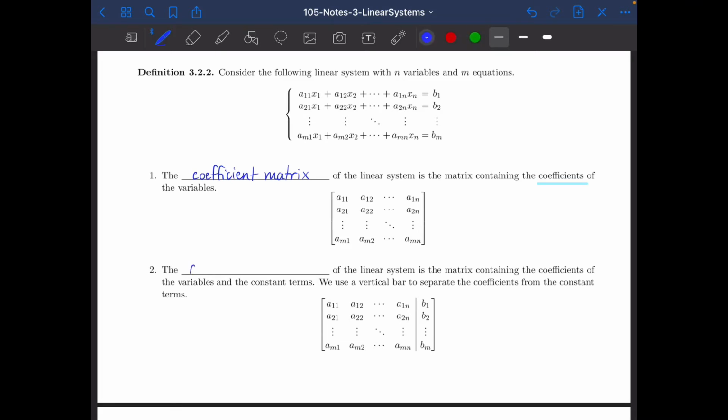The augmented matrix of the linear system is the matrix containing the coefficients of the variables and the constant terms. And we use a vertical bar to separate the coefficients from the constant terms in this augmented matrix.